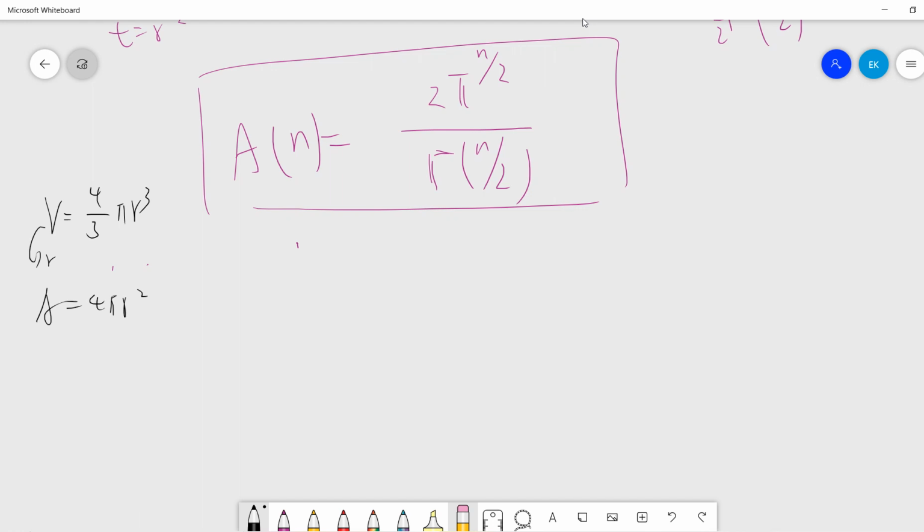That means the area of the sphere with radius r in n dimensions should be just this one.